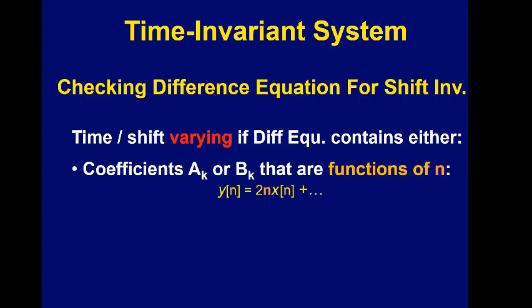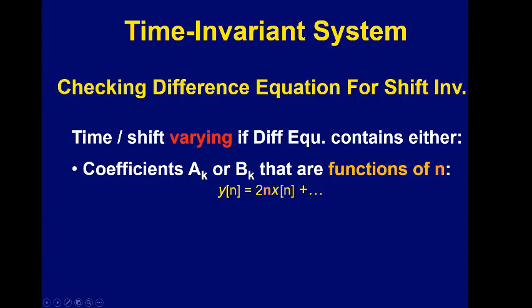We can look at what's ahead of our x and y terms in our difference equation, the things that should be coefficients, the a_k's and b_k's. If they actually end up not being just numeric constants, but some functions of n, well, that is by definition a shift varying or time varying equation, because for each value of n, we're changing basically the coefficients of the difference equation.